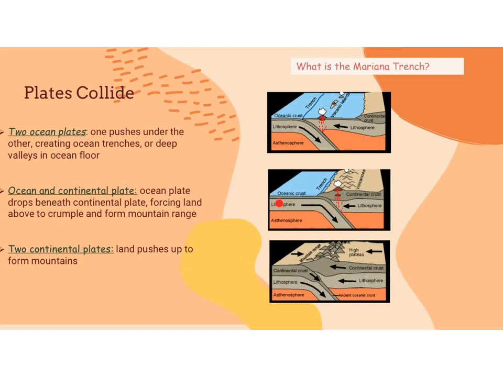The ocean plate will drop beneath the continental plate, and this will create what we call a mountain range. Now, when two continental plates collide, the land pushes up to form mountains.